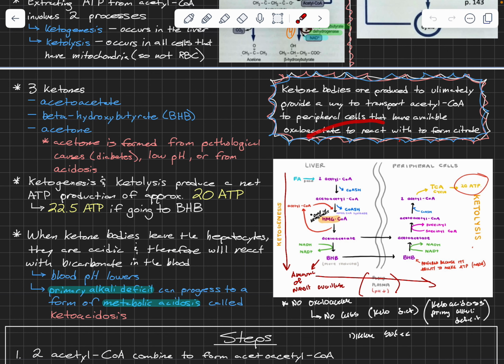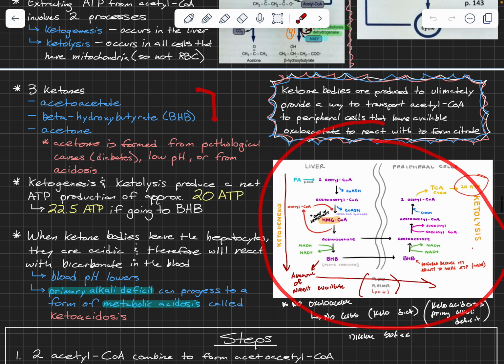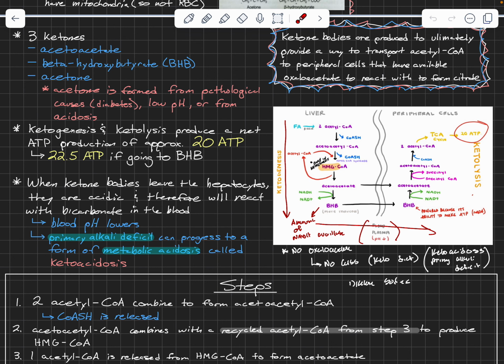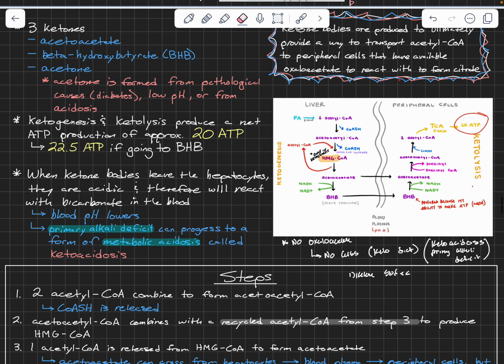So for this little picture right here, the main two ketone bodies that we're going to be looking at are acetoacetate and beta hydroxybutyrate, referred to as BHB. And we can have different ATP counts depending on what we actually go to. So let's get into it.